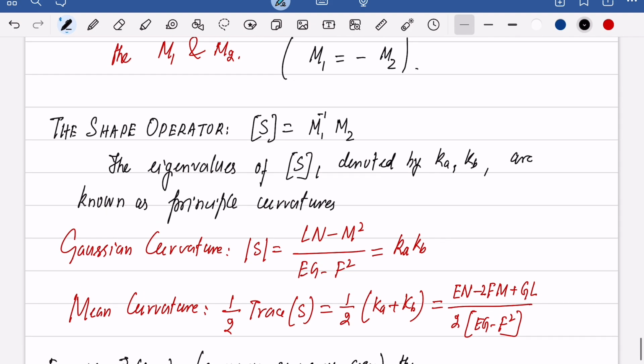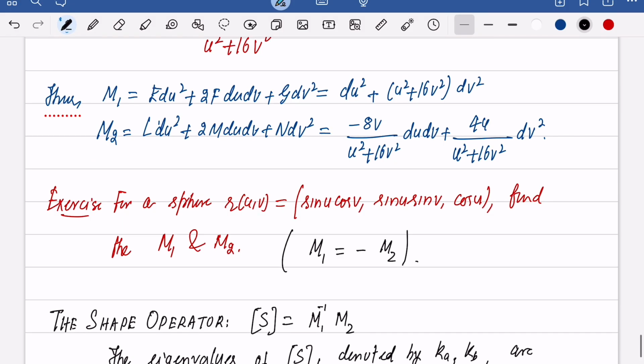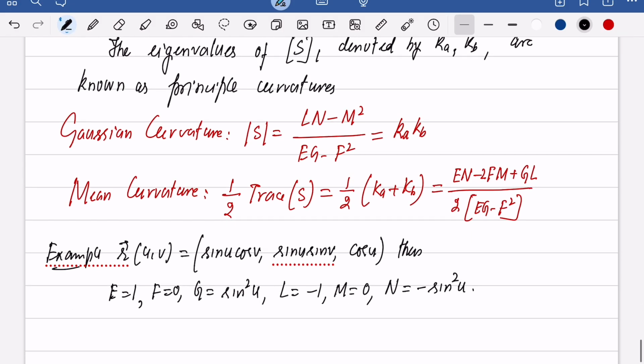And this was also asked in the previous exercises, to find the first and the second fundamental forms of this unit sphere, and now here we have written all the values for E, F, G and L, M, N. So we just need to substitute these values in the formulas for M1 or M2 to get the first and the second order fundamental magnitudes.